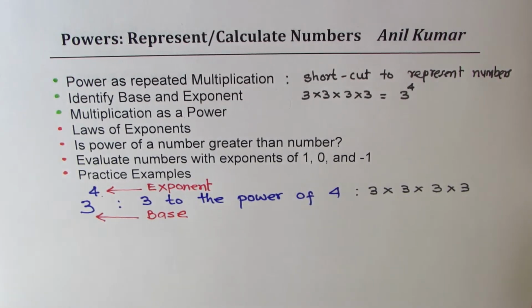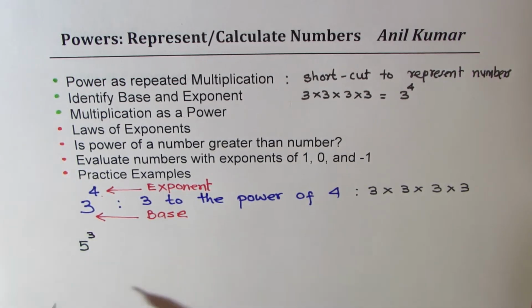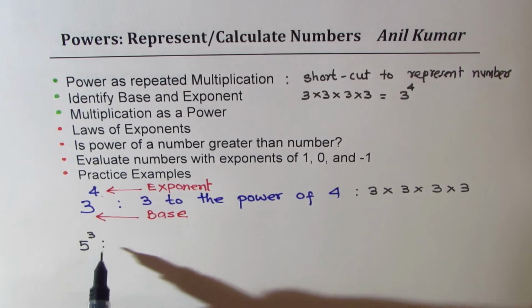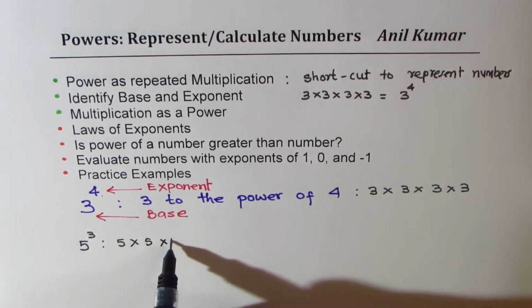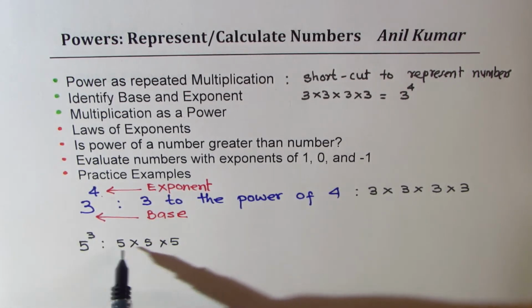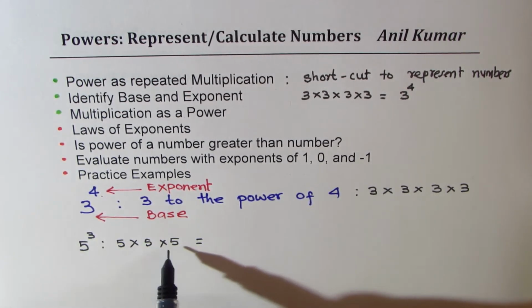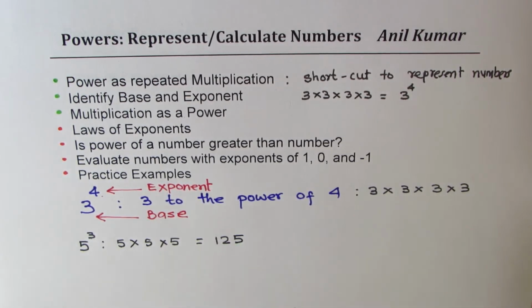If I write 5 to the power of 3, it really means that we need to multiply 5 by 5 by 5, 3 times. You can calculate 5 times 5 is 25, times 5 is 125. That is how you can evaluate your powers. I hope that gives you some exposure to the topic which we are going to discuss.